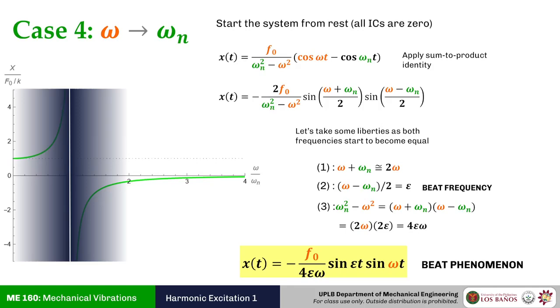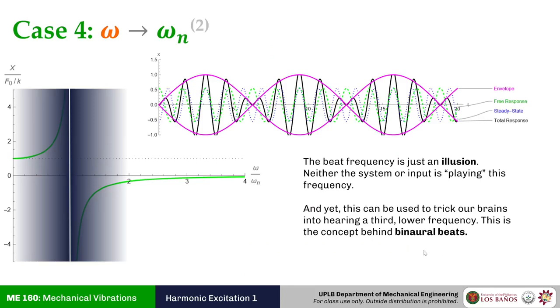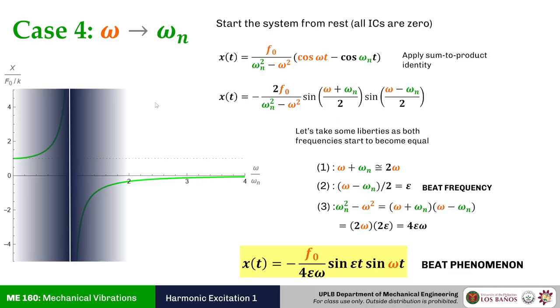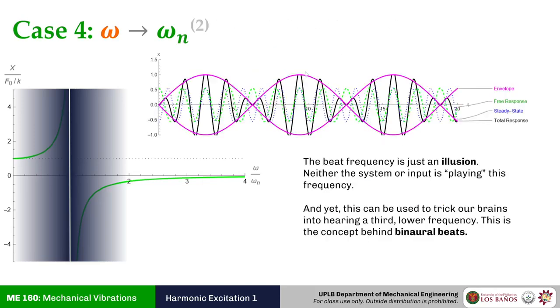In this case, the smaller sine gets clamped by the bigger sine value. So what does it look like? It looks like this. You have a big sine. This big sine is following the beat frequency, again your epsilon. And your total response is essentially being squeezed by this invisible beat frequency.